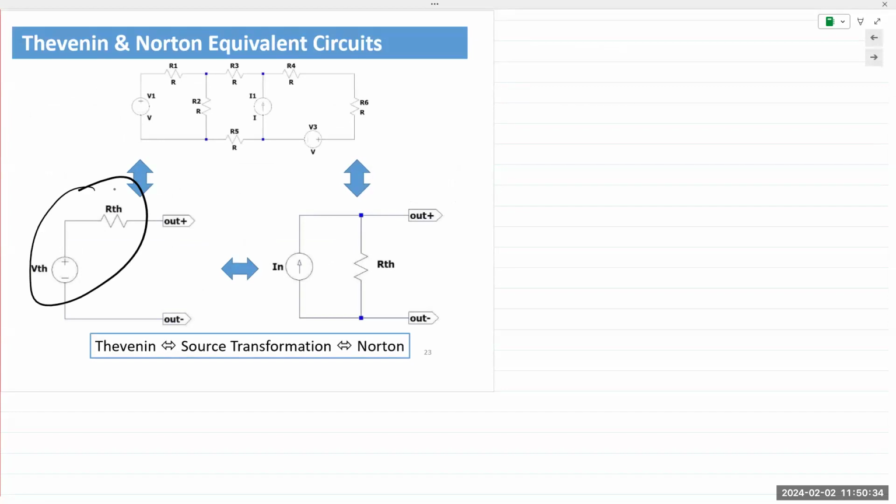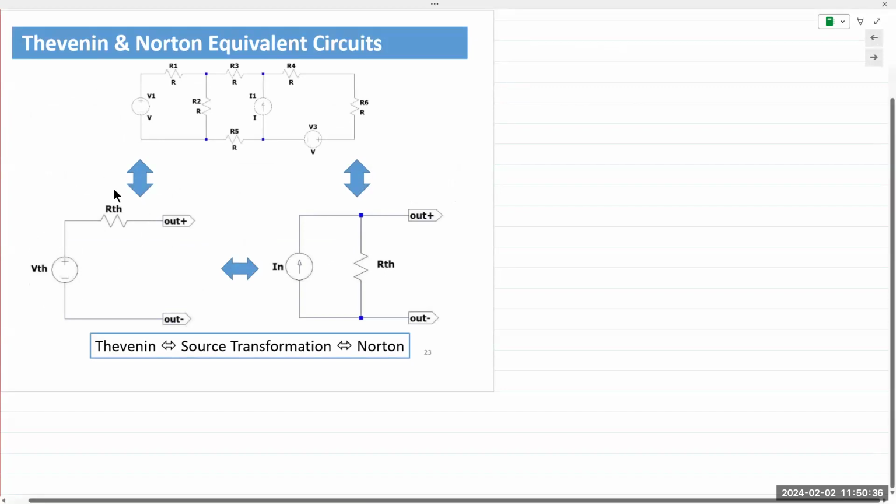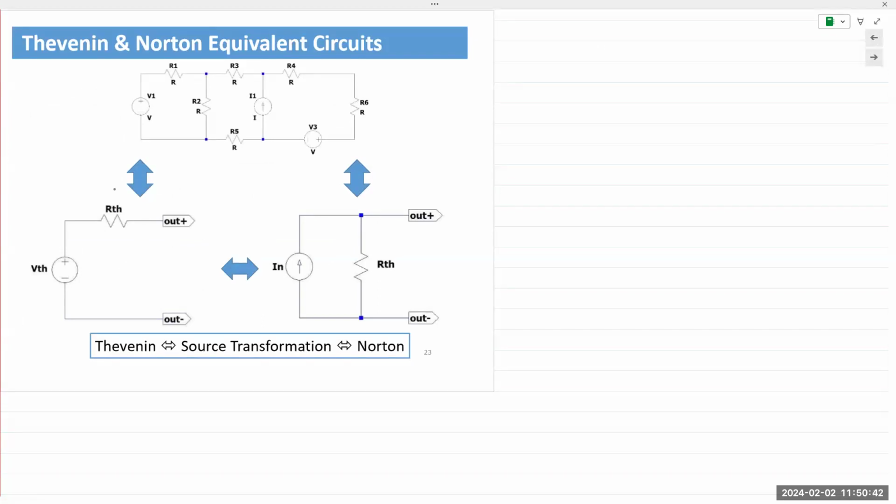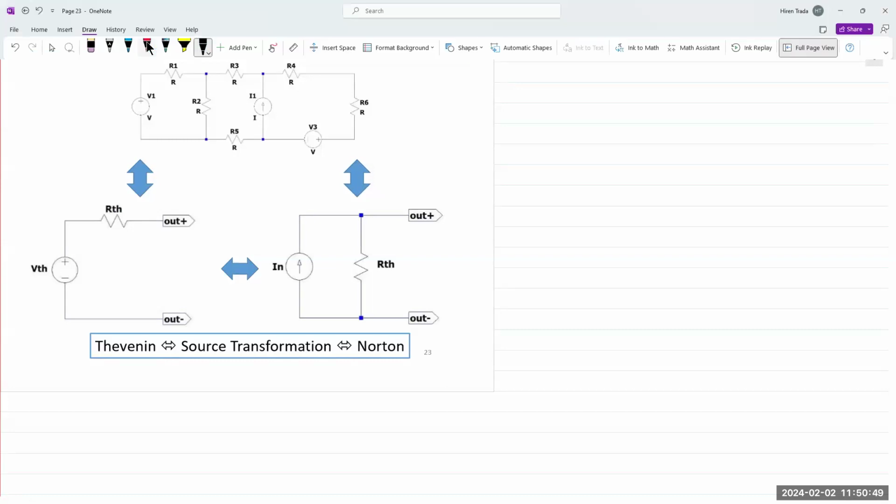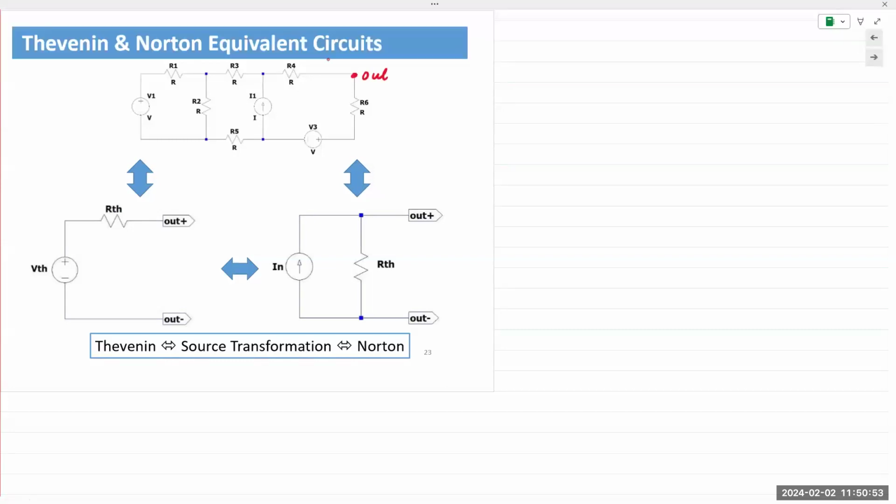Again, it's not an analysis technique. It is simply a representation, known as the Thevenin circuit or the Thevenin equivalent circuit. The out plus and the out minus don't mean anything except their notations. So out plus would be here, out minus would be here.